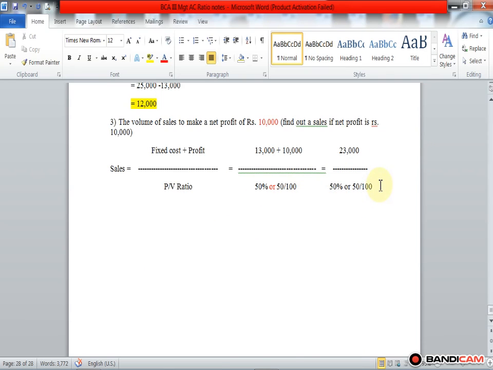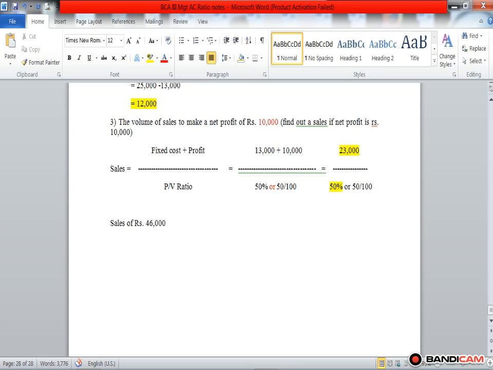If we directly calculate 23,000 divided by 50%, we directly get the answer, that is sales of rupees 46,000.